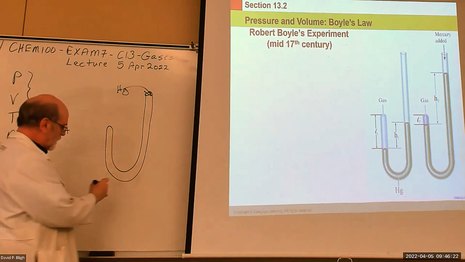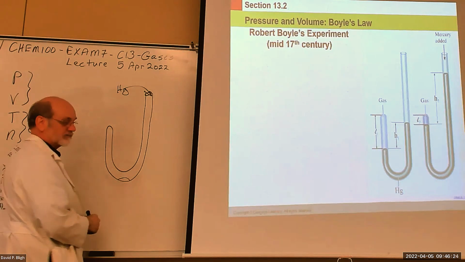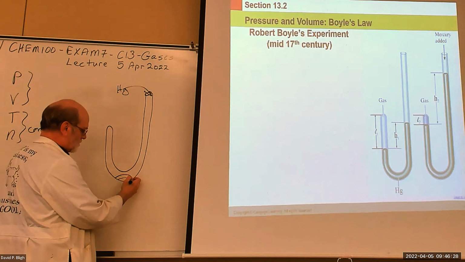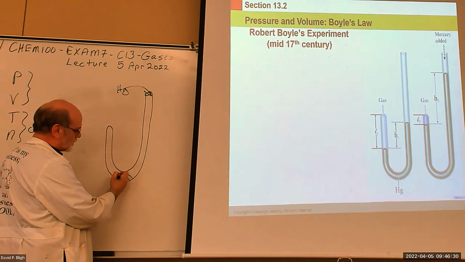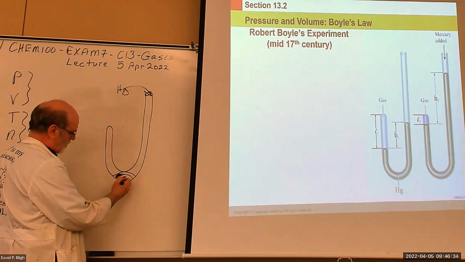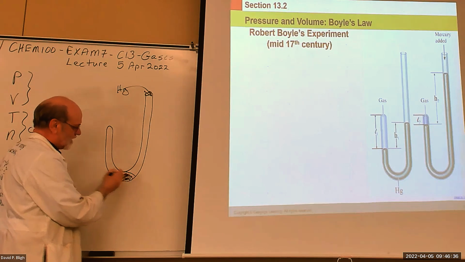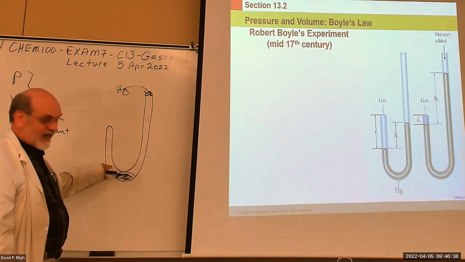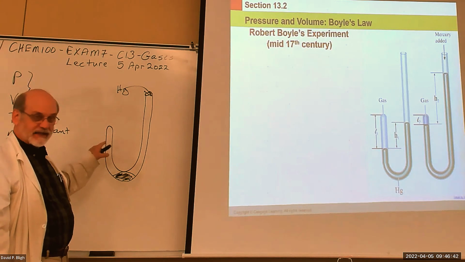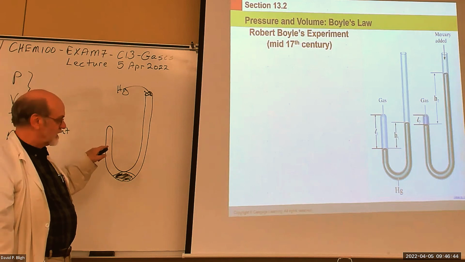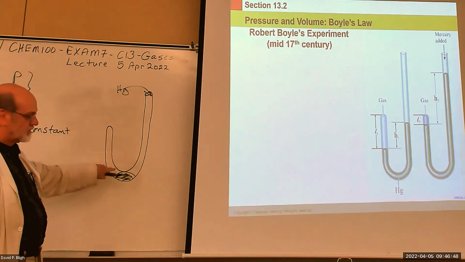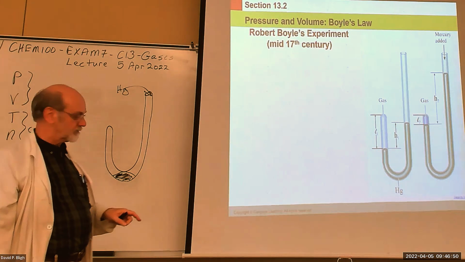So he put a little bit of mercury, and it pooled up in the bottom. Okay? We're not there yet. Put a little bit more in. Okay? When he put enough into it so that it touched the inner curve, now that gas was trapped. There was not going to be any more gas put in, no gas would leave. So he met this condition by trapping the gas in that short end of the tube.